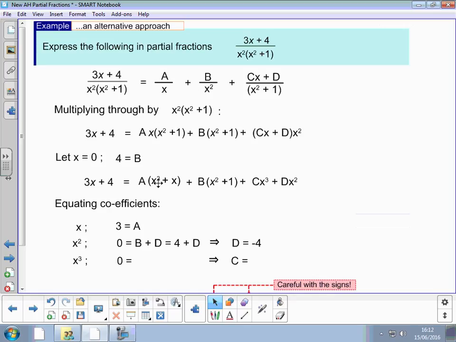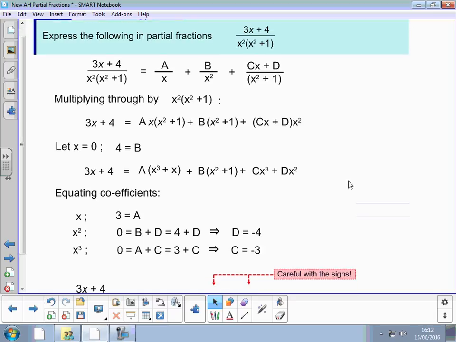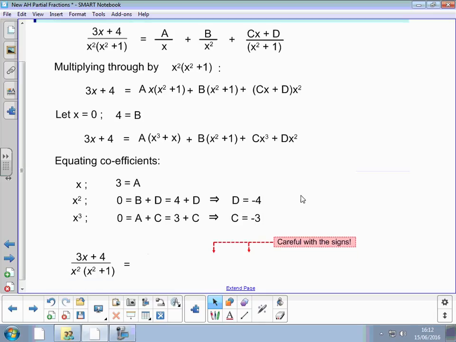On the right-hand side, we've got an x cubed term here, no x cubed term here, and we've got a c x cubed term, which gives us a plus c as the coefficients of x cubed. We've already figured out that a is equal to 3, which leads us to a value of minus 3 for c.